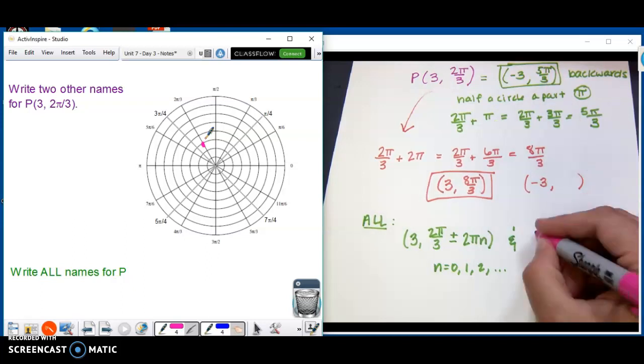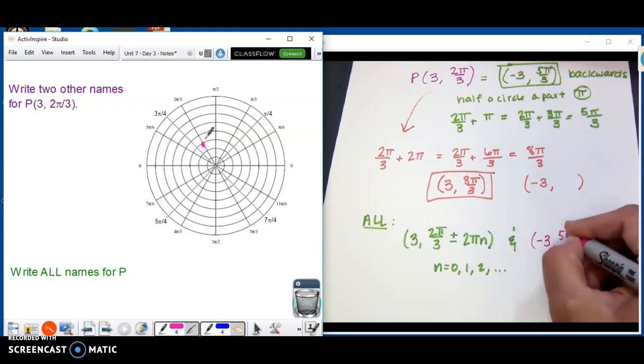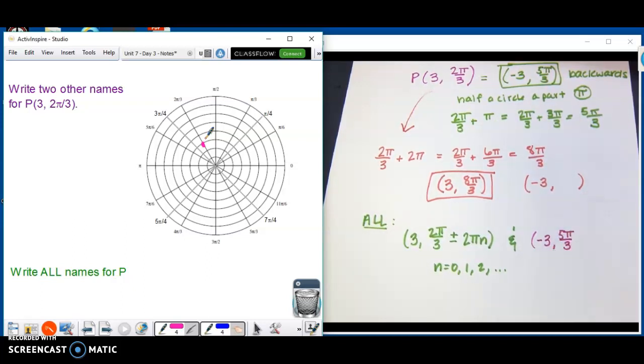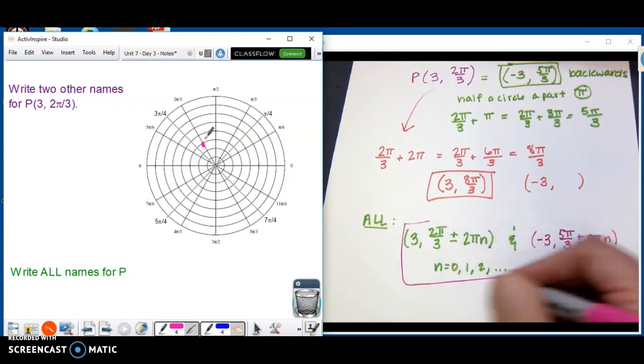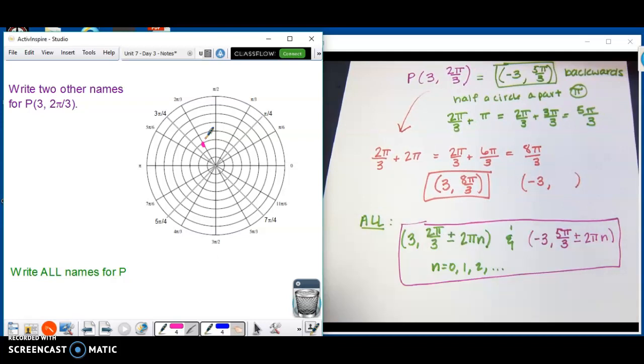So we know the backwards answer is negative 3, 5 pi over 3. And same thing here, this 5 pi over 3, we can add or subtract an entire circle over and over again. So this right here would represent all the different possibilities of ways you could write that same point. So we're talking about this exact same point on the graph, but these are all the different ways that you could write it.